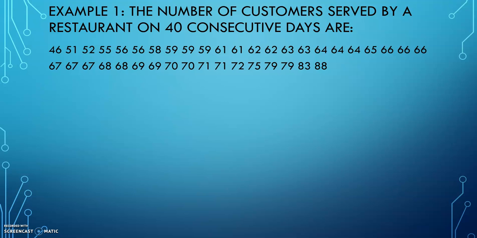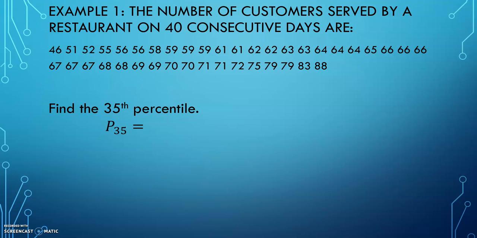Example 1. The number of customers served by a restaurant on 40 consecutive days are listed right there, and they are in order from least to greatest. Find the 35th percentile. Please remember that the word percent means per 100. P sub 35. We don't have 100 data points.